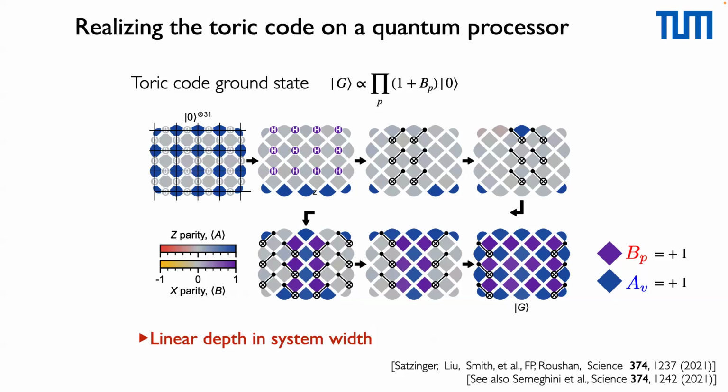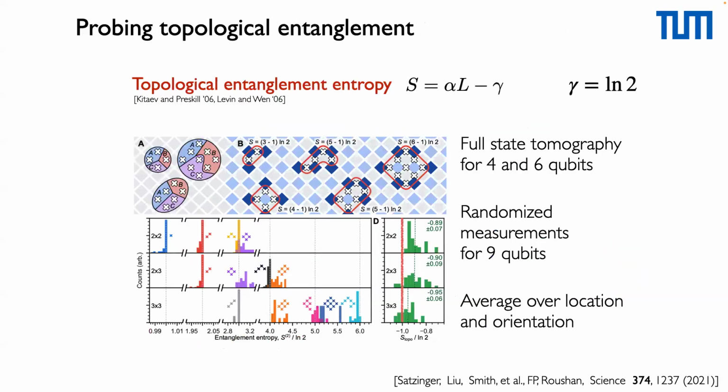Then the state here doesn't have the perfect equal weight superposition as it should. And now this will propagate as you apply the control X gates. So this propagates ballistically. That's right, yes, ballistically. Good.